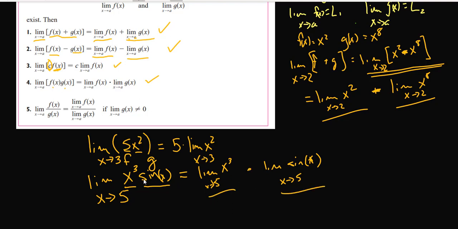So we can rewrite this problem as this one times this one. You don't have to do that, but this might turn out to be easier than this, and you're allowed to rewrite it according to this rule. Now, we haven't proved any of these rules. We're just throwing them at you and saying these are all okay to do. The reason we haven't proved them is because we haven't defined really carefully what limit means.